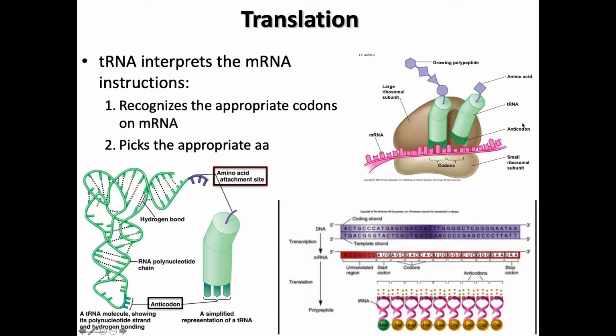In this example, which is a very simplified picture, we have our ribosome, we have our mRNA, and then here you have an existing tRNA that was there already with its growing polypeptide. So here you have amino acids. Based on this codon, the tRNA will recognize it because of its anticodon, and it'll bring in the correct amino acid to attach to the growing polypeptide to make it even longer.